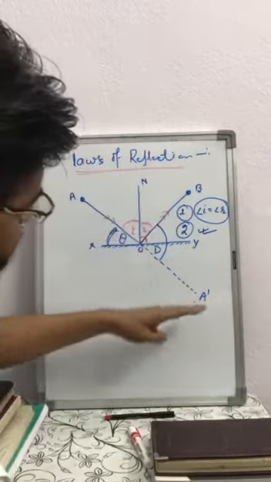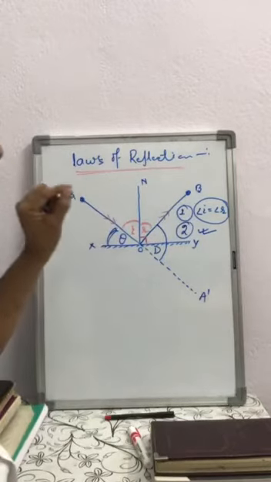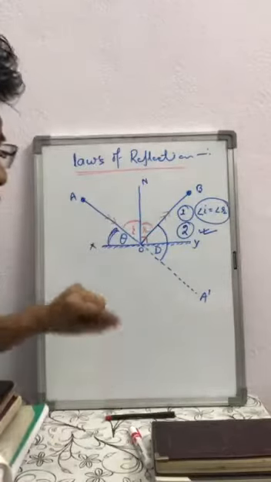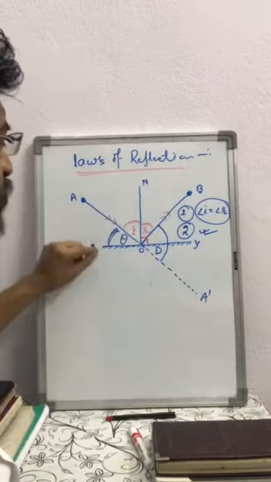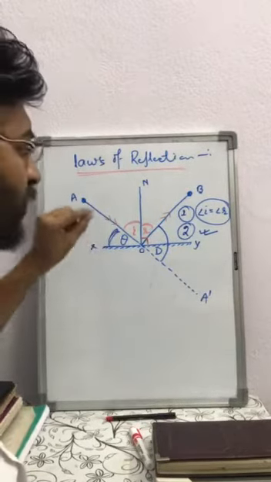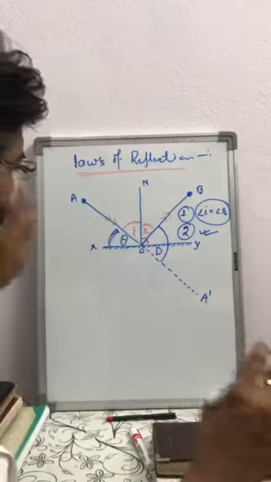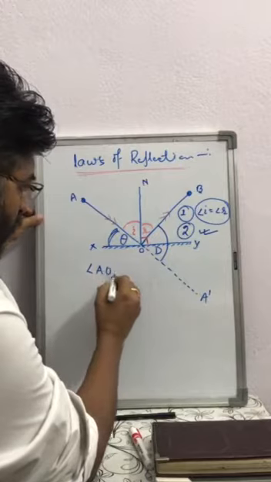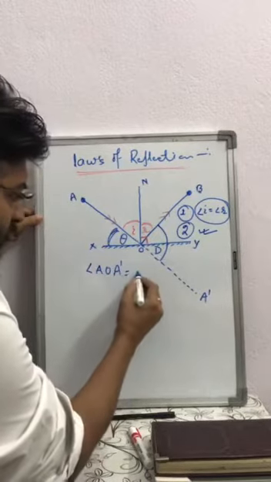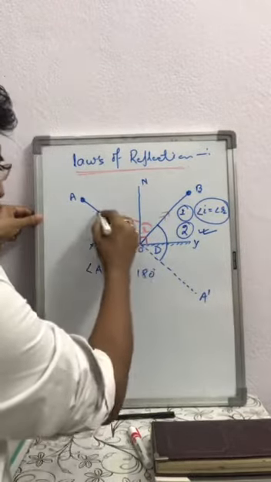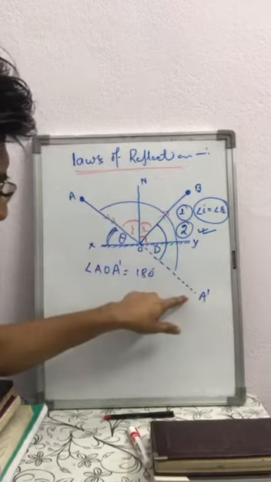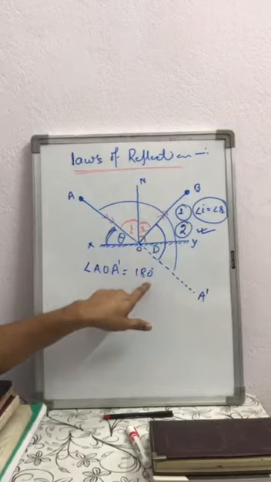Now, this is the complete figure for a regular reflecting property. It is the complete figure of a mirror whose surface shows regular reflection. Now, let's see completely. Here, angle AOA dash is equal to 180.